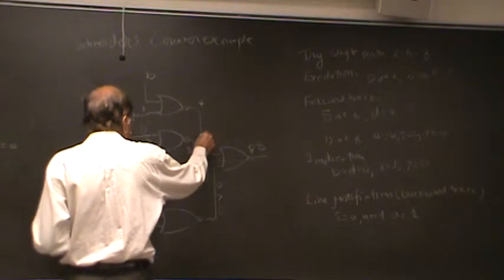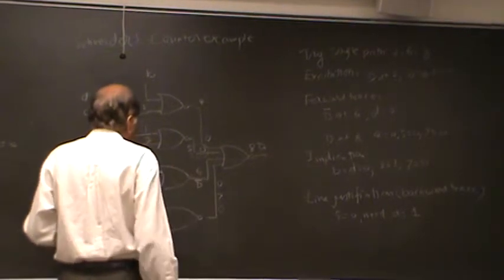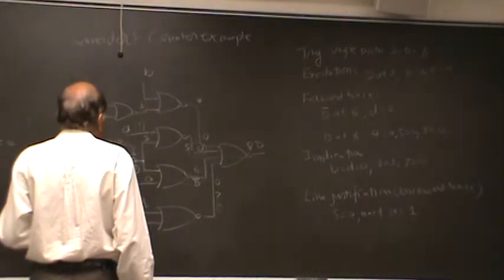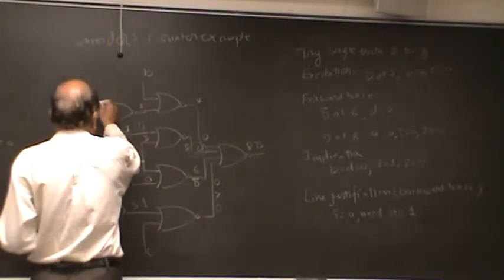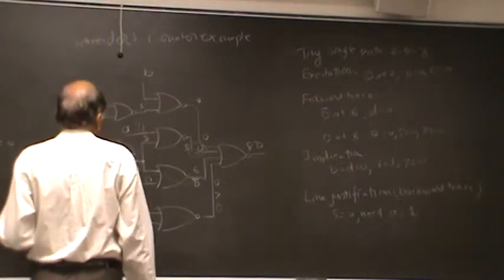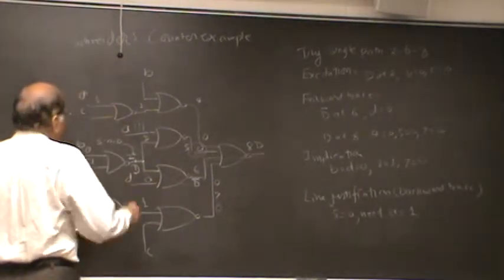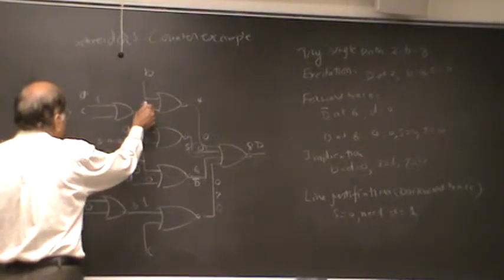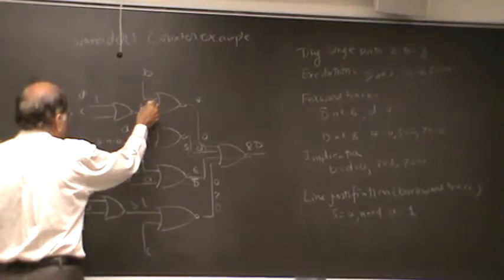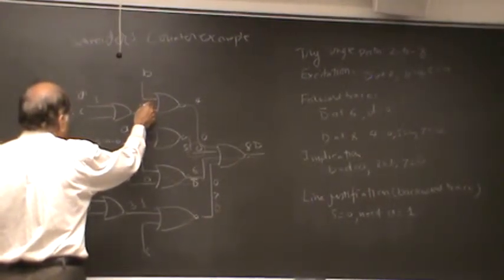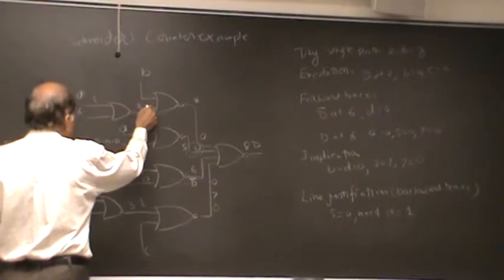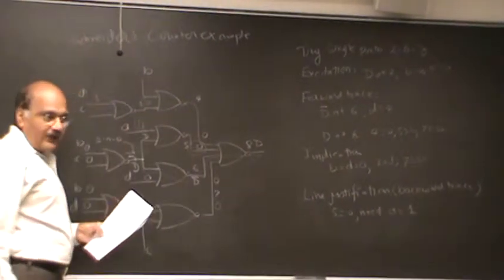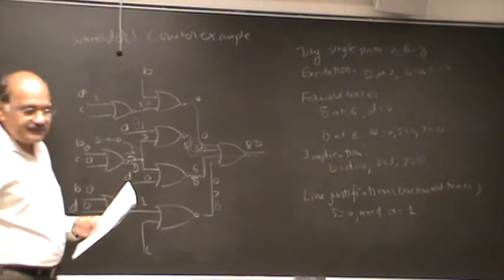And now we also need to justify this line here, 4. And notice that since a is equal to 1, then this line is going to be 0. Incidentally, this 1 is the label 1, not the value 1.